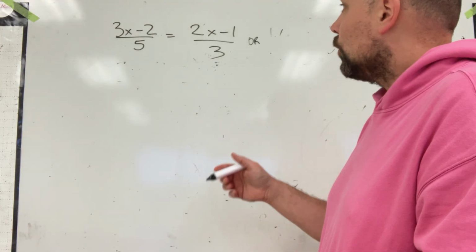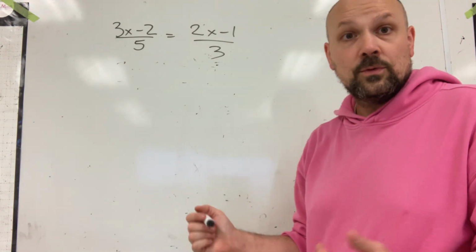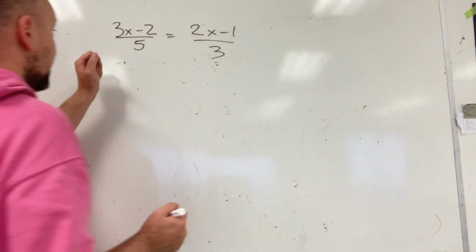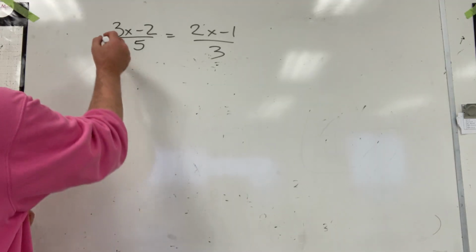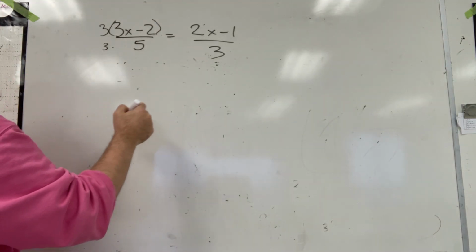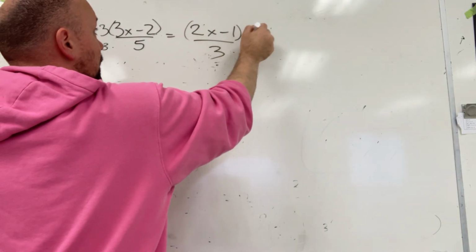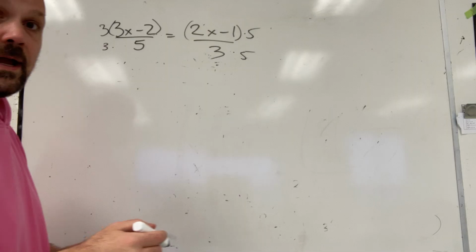So we're going to do our common denominator thing, right? You guys are very good at identifying that to get a common denominator here, we have to multiply both of these by 3. And here, to get a common denominator, we have to multiply both of these by 5, right?